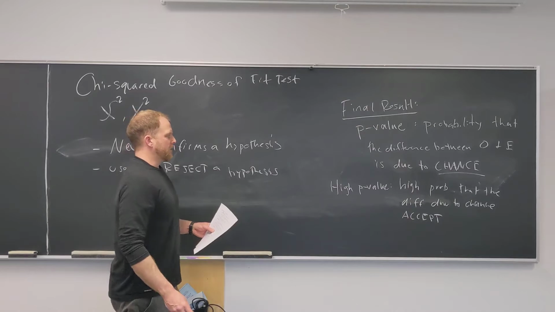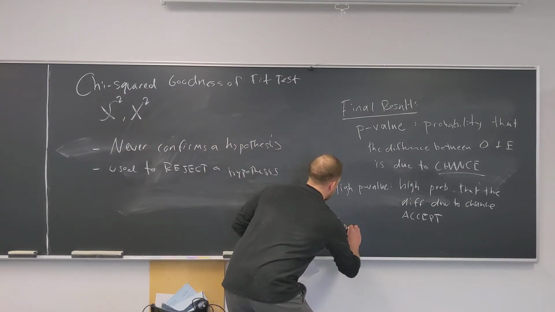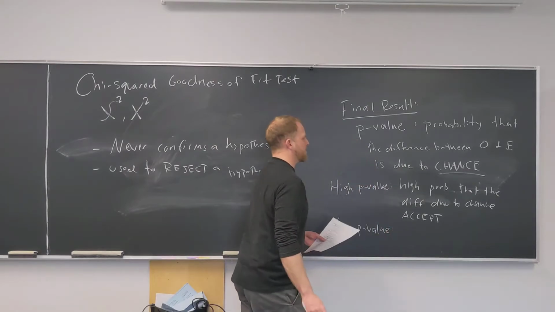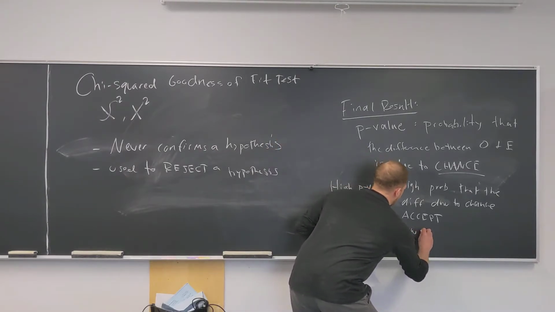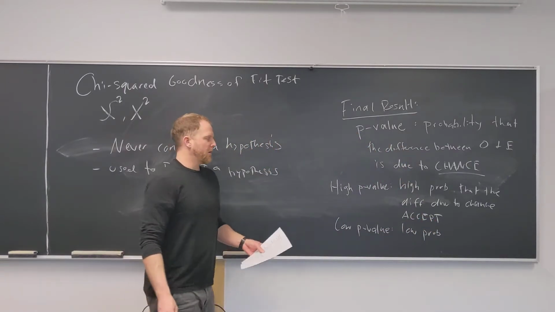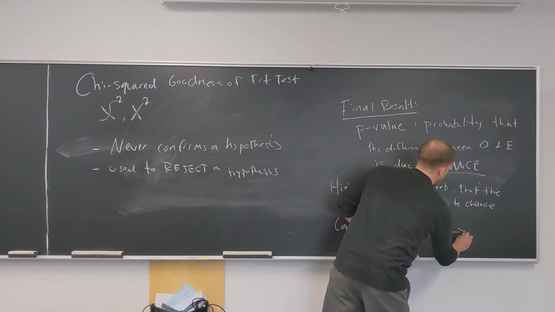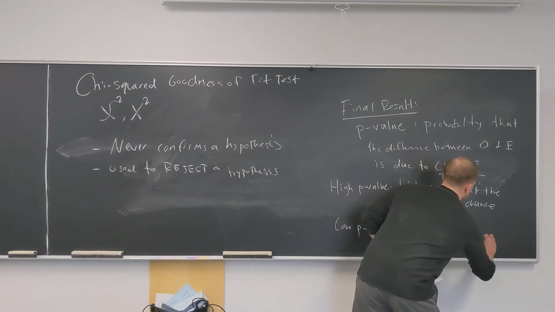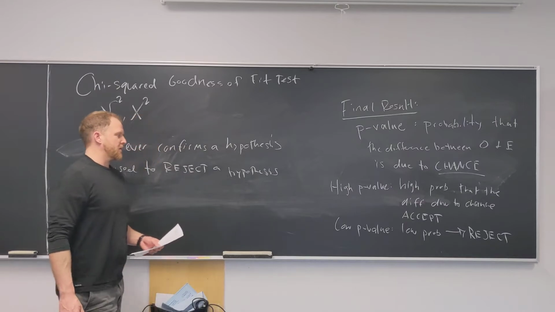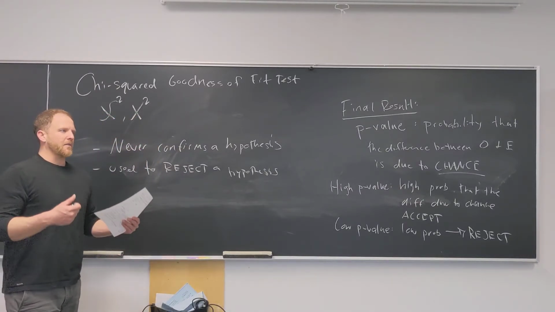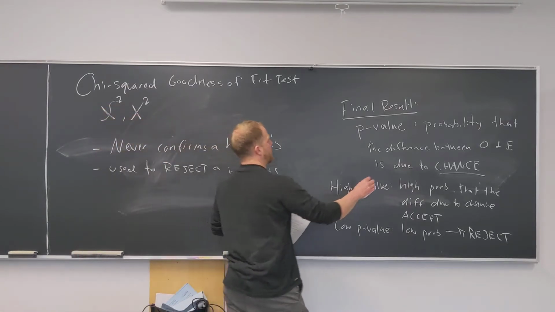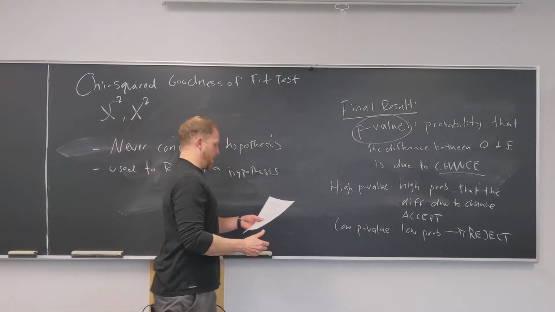Now if there's a low p-value, this indicates that there's a low probability that the difference is due to chance, and this allows us to reject our null hypothesis, rejecting this idea that there's no difference between the observed and the expected. So how do we get to this p-value? That's what I'm going to walk through right now.